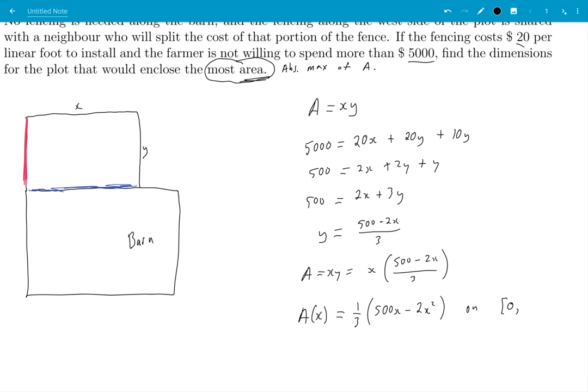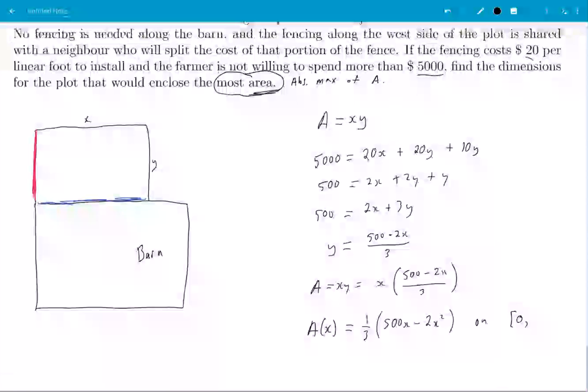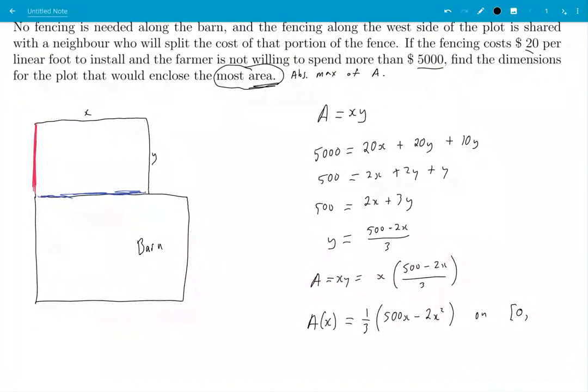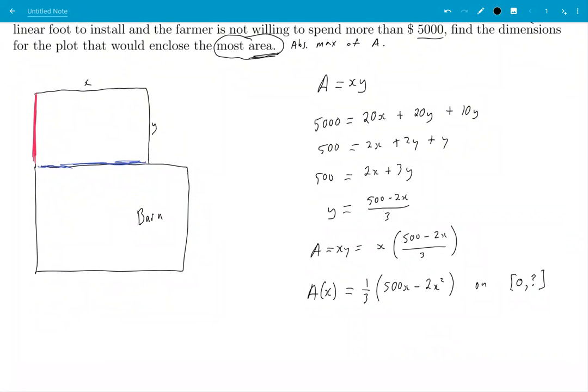And what's the most x could be? Well, let's just not worry about that for the time being. Let's see what we can do without that.